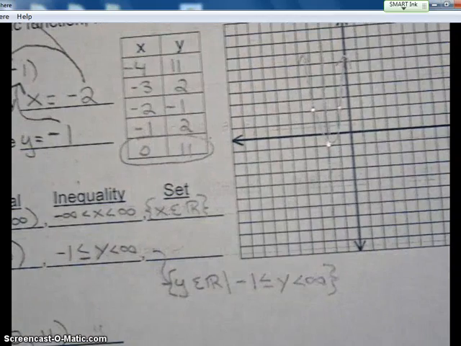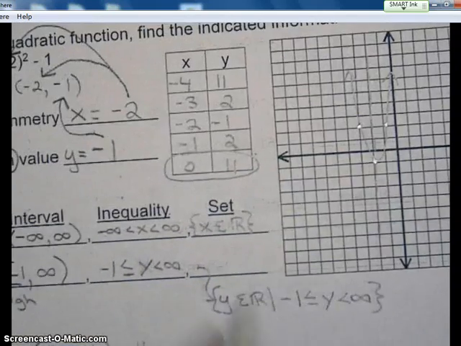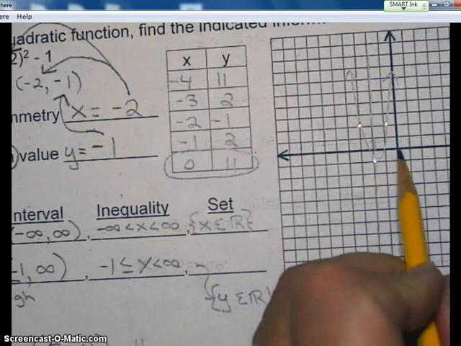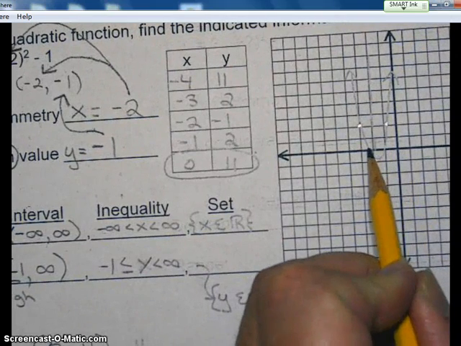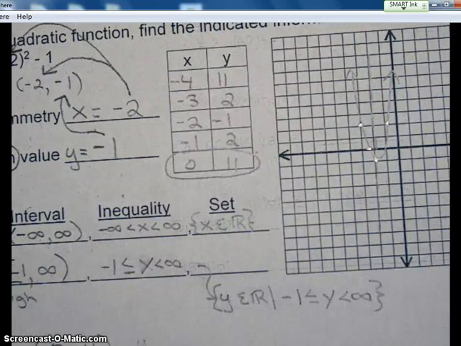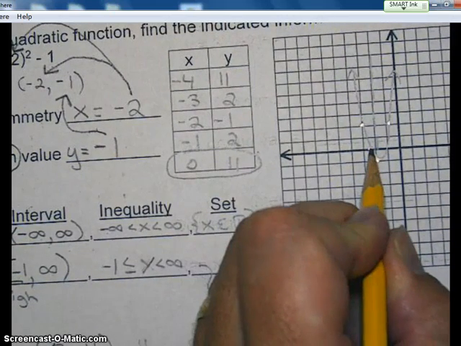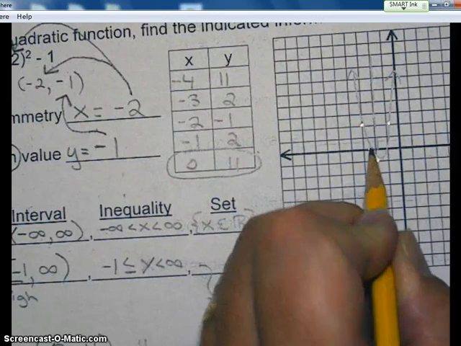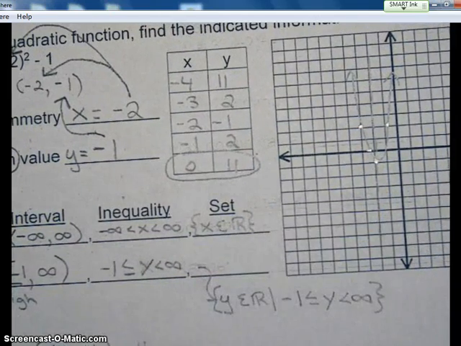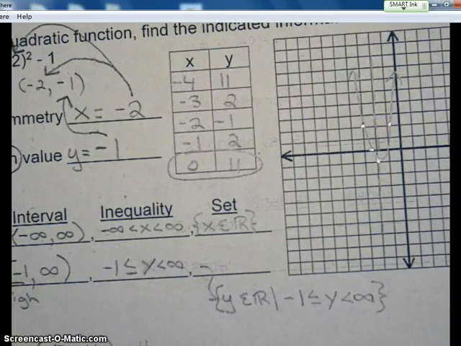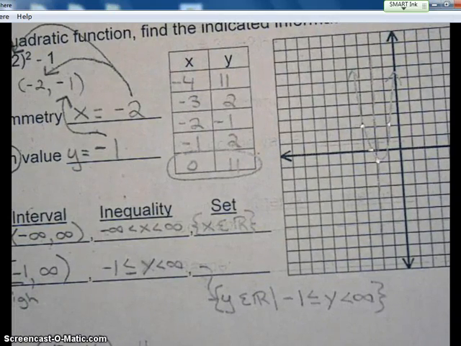Let's go ahead and approximate it. One x-intercept is going to be at -1, -2, and a little bit more. So let's say -2.3, comma 0.